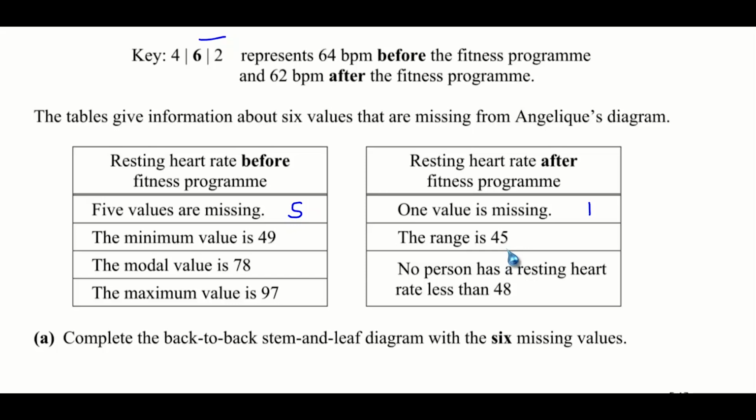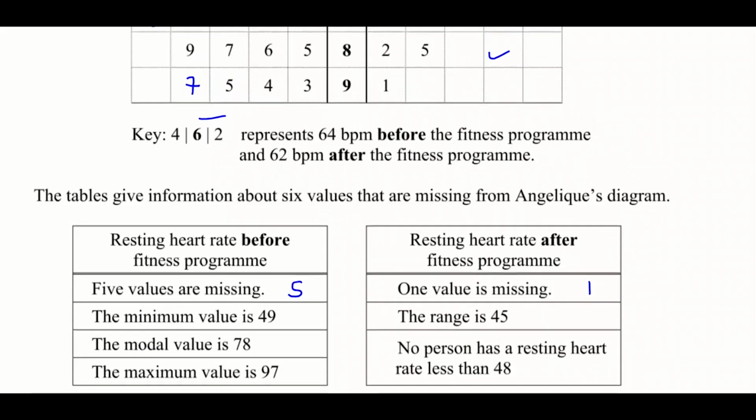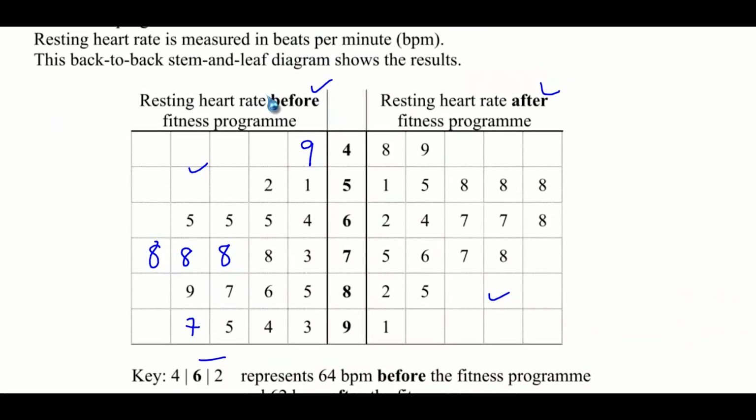The range is 45, and no person has a resting heart rate less than 48. So that means 48 is the smallest number there, and the range is given as 45. From the formula, the range is equal to the highest minus the lowest.